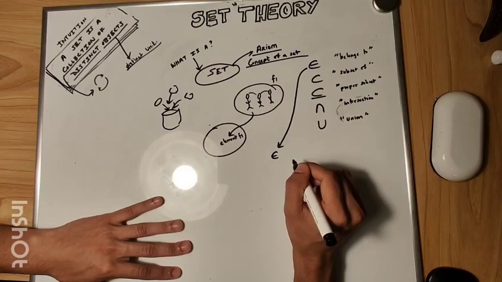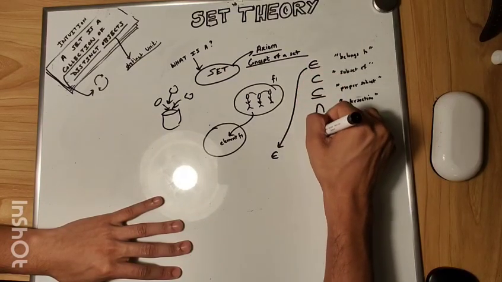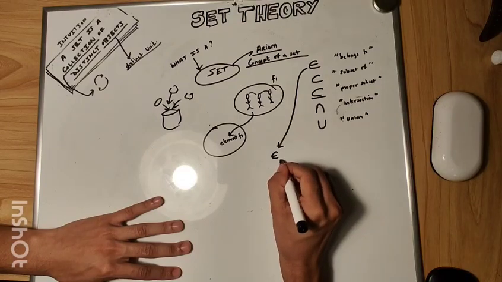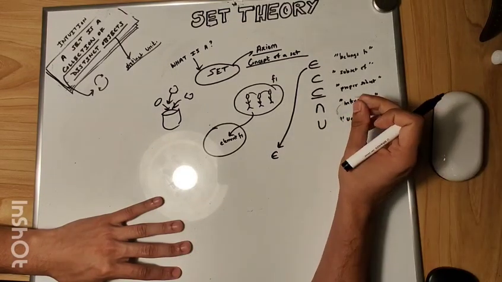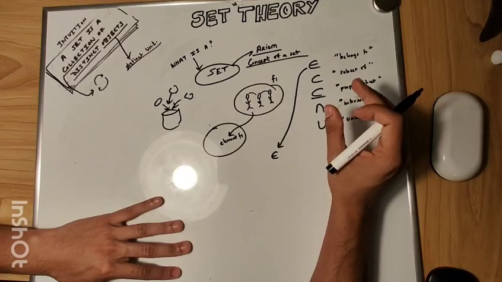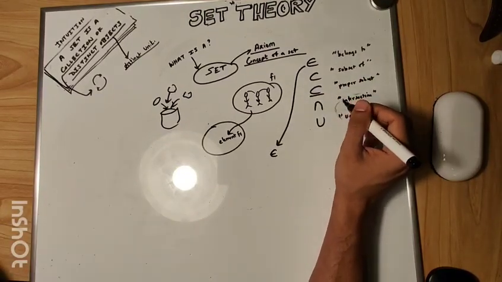When I say most important, I mean in terms of understanding everything else. Once we understand what belongs to signifies, then we can very easily understand all of these other symbols, and I'll show you how in a minute.